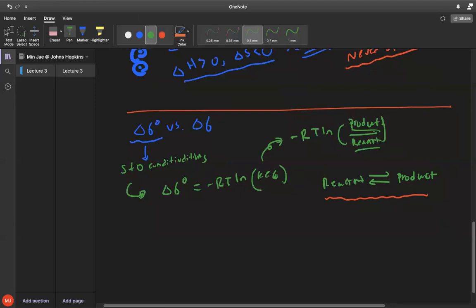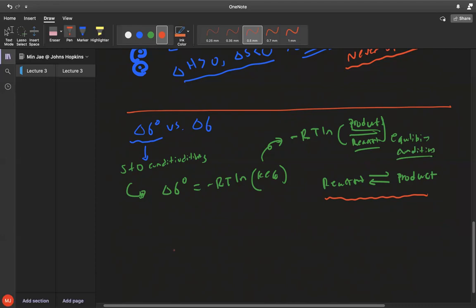However, notice that KEQ is a ratio of product and reactants when it's in equilibrium. Equilibrium just means that the concentrations of the product and reactant are stagnant, but the reaction is still going on.